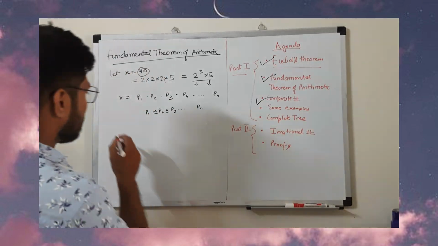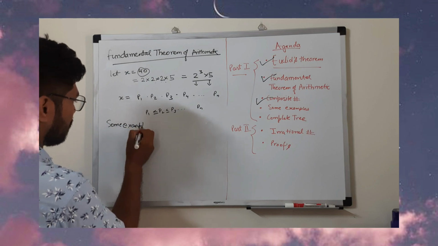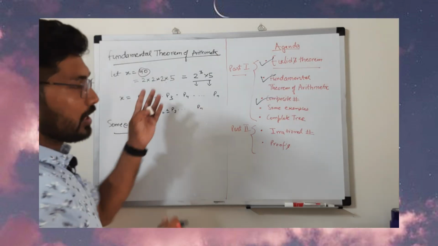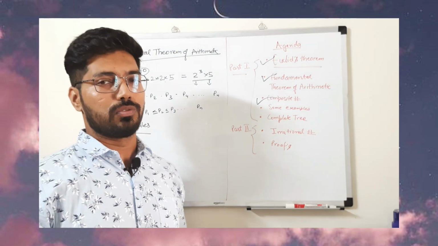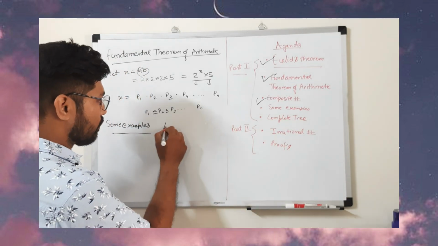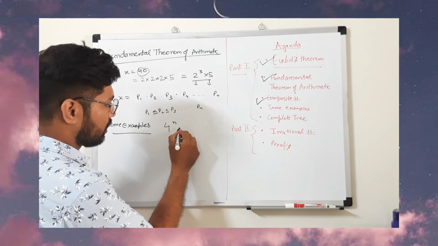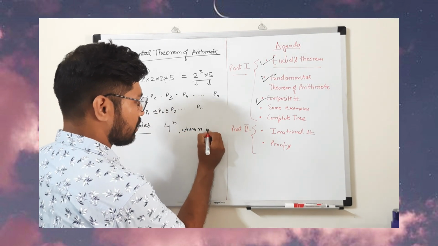Now some examples for a better understanding of the fundamental theorem of arithmetic. Let's see 4 power n. This is an example in the NCERT also. 4 की power n, where n is a natural number.